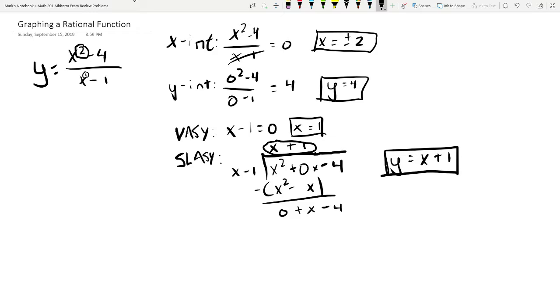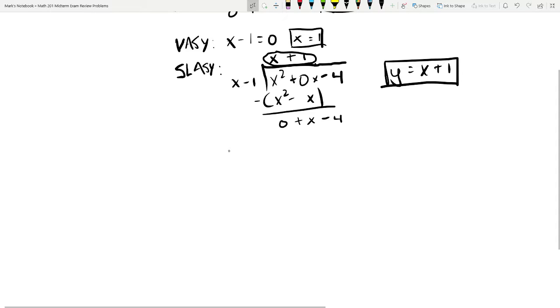Okay, now that we have our slant asymptote, we can go ahead and start taking some derivatives in order to determine things like when is our function increasing and decreasing, and where is our function concave up and concave down.